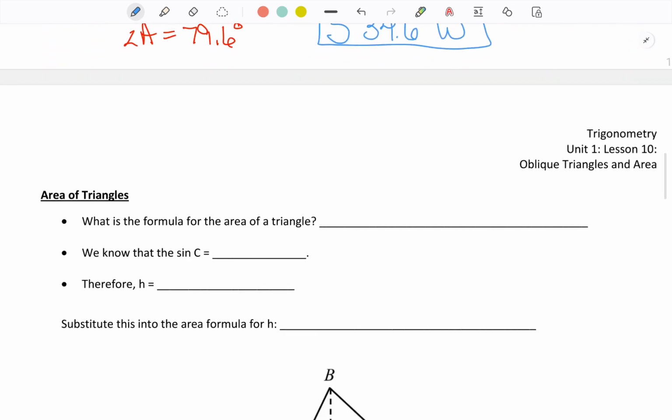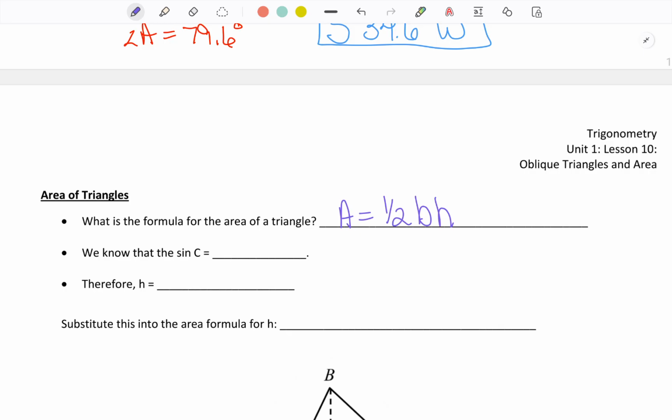All right, so now let's talk about area. For the area of our triangles, we learned in geometry that the area of a triangle is A equals 1/2 base times height.